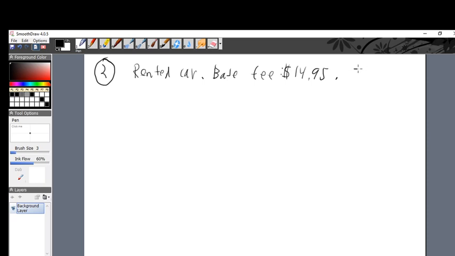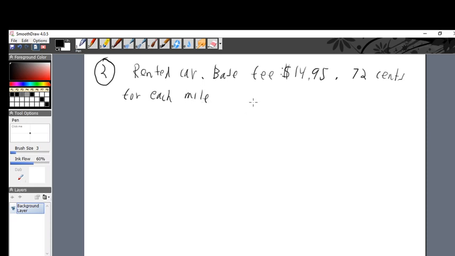Okay, 72 cents for each mile that you use on this rented car. 72 cents for each mile.